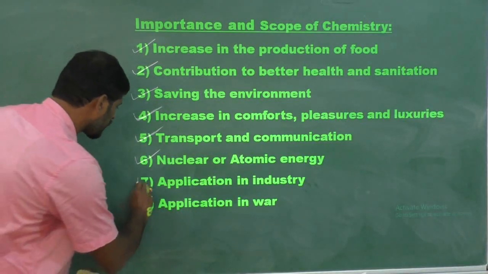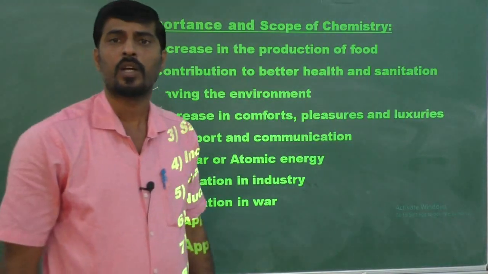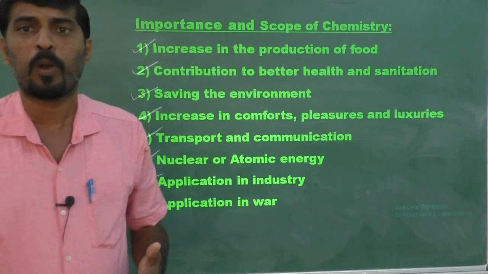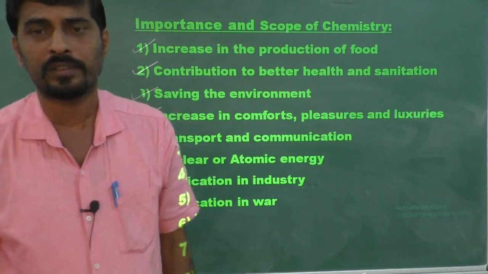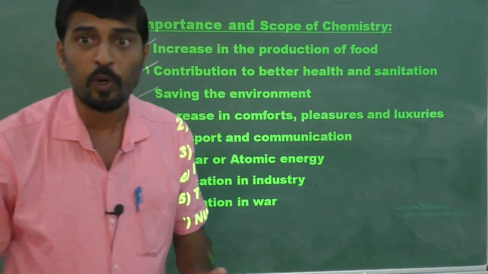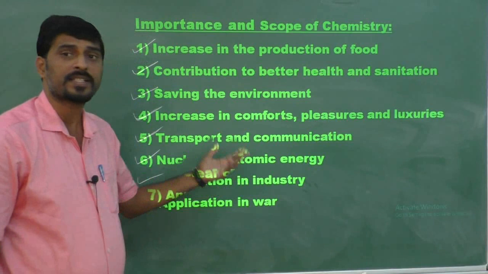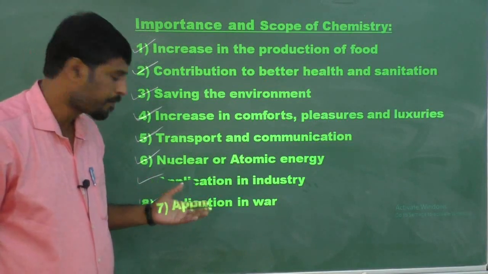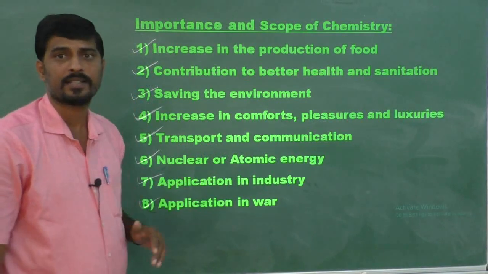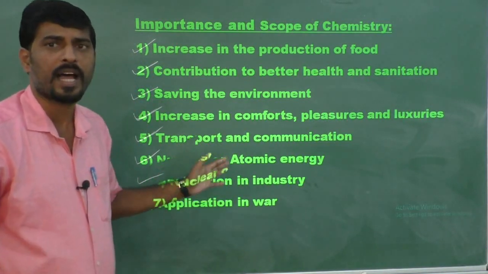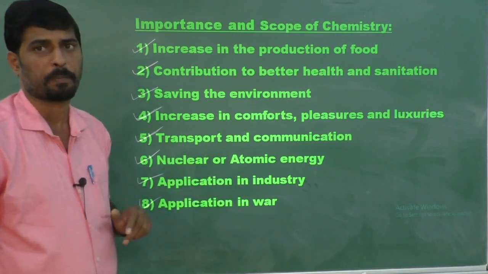Next, we will move on to application in the war field. We know that so many blasting materials like TNT, trinitrotoluene, then nitroglycerin, then so many poisonous gases, that is mustard gas, phosgene gas, etc. All these are obtained from chemistry principles.